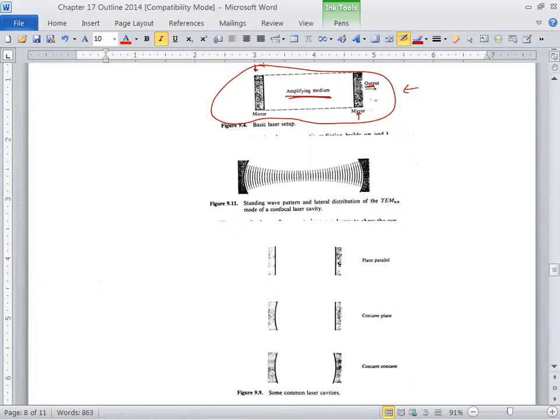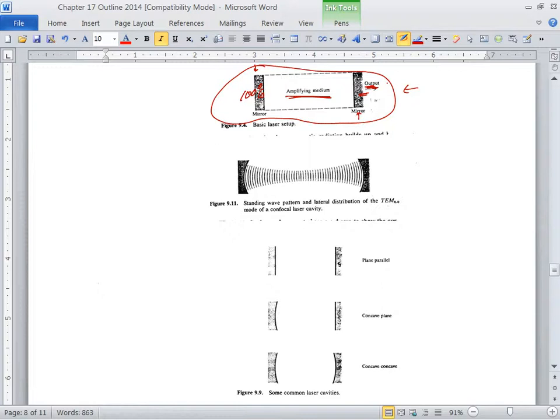One of those mirrors is partially reflective. They have to be really reflective, those mirrors, but one of them needs to be 100% and the other one less. That's what the book always says, but when we played around with this helium neon laser, those 100% reflective mirrors are expensive, right? Because you can't build things if you don't make money. So when we saw that, there's a good amount of light coming from each end.